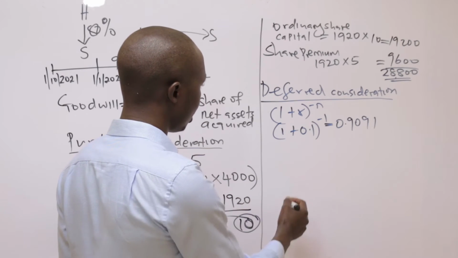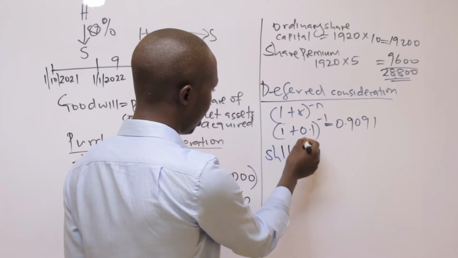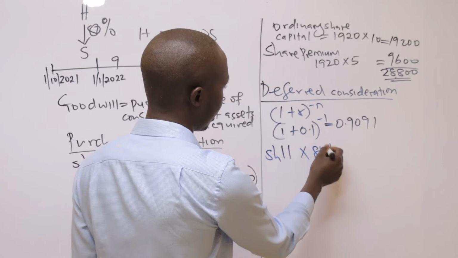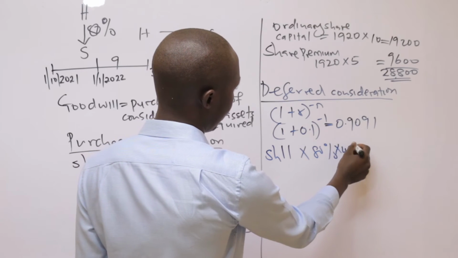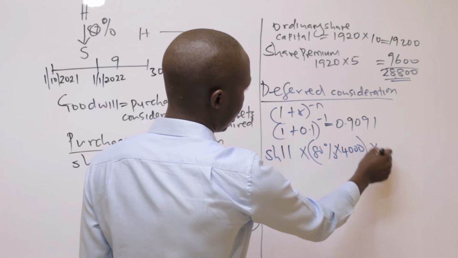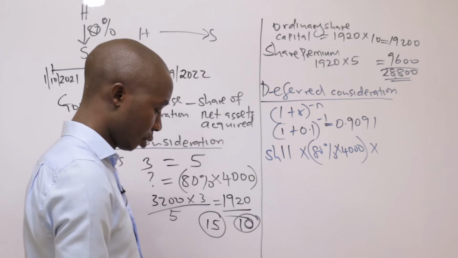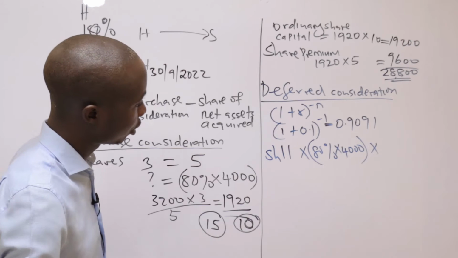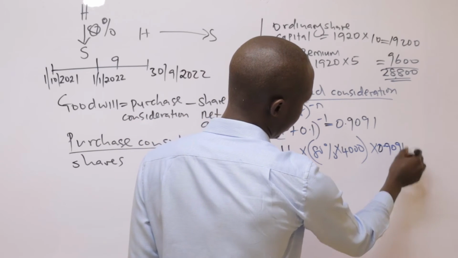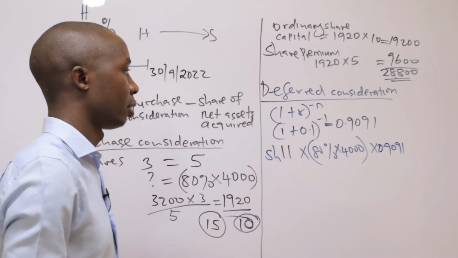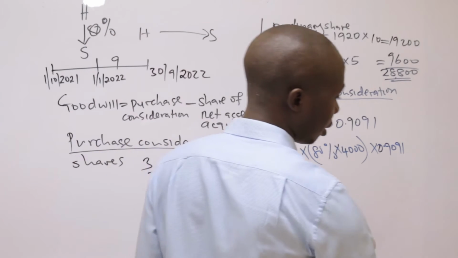So what we do here is shillings 11 times 80% of 4,000 per share acquired, times the discount factor 0.9091.